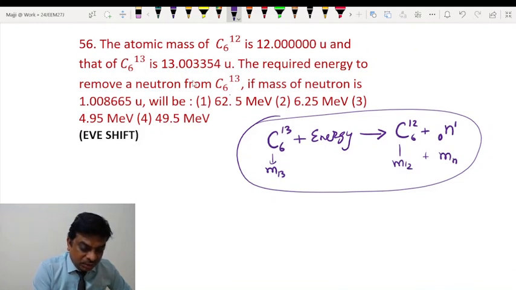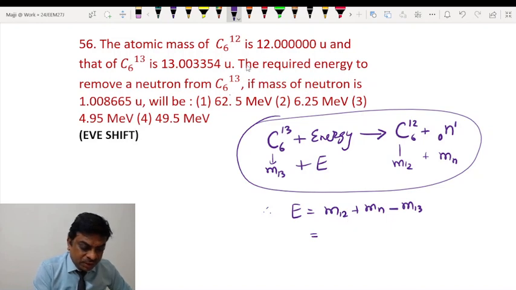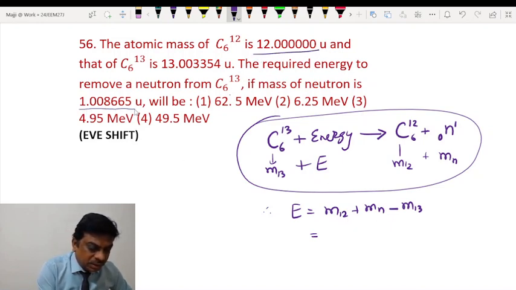So on this side you have C13. I'll take this energy as E. So E will be the mass of the C12 isotope plus the mass of the neutron minus the mass of the C13 isotope. The mass of C12 is this, the mass of the neutron is this.